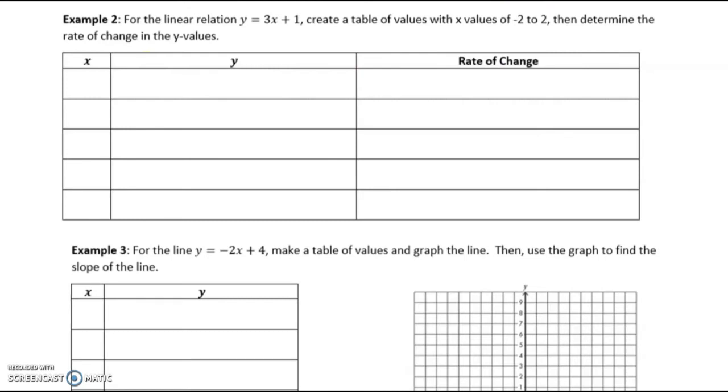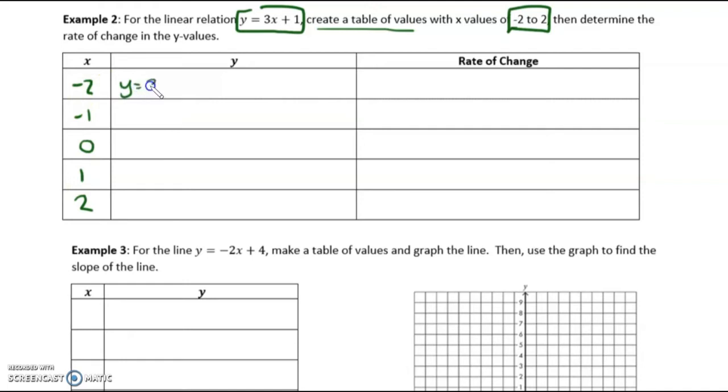Example 2, for the linear relation y equals 3x plus 1, we're going to first create a table of values with the x values from -2 to 2. What that means is we go -2, -1, 0, 1, 2. Then determine the rate of change in the y values. Let's plug in all of these values.